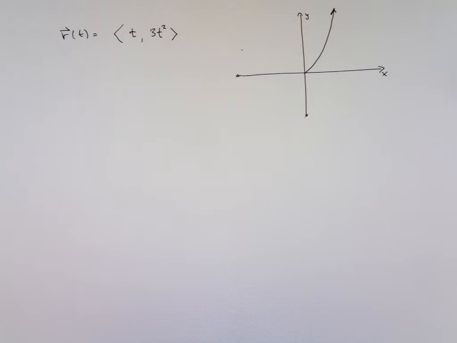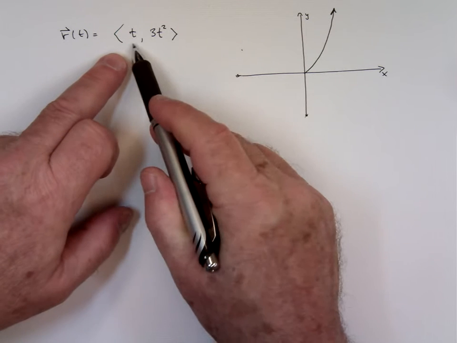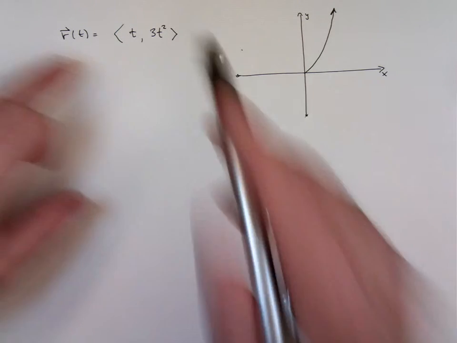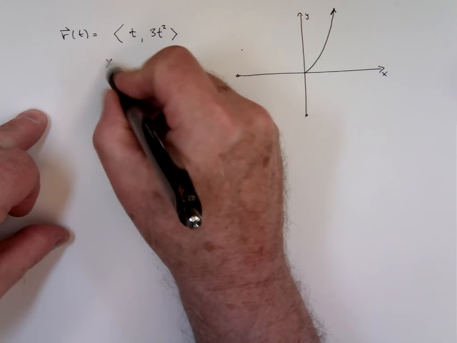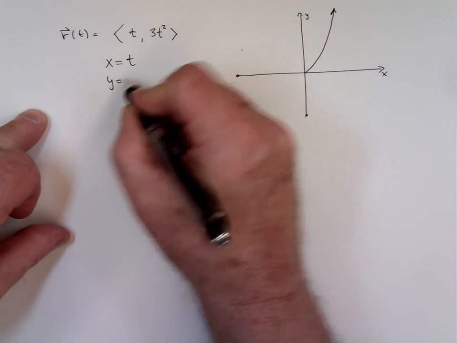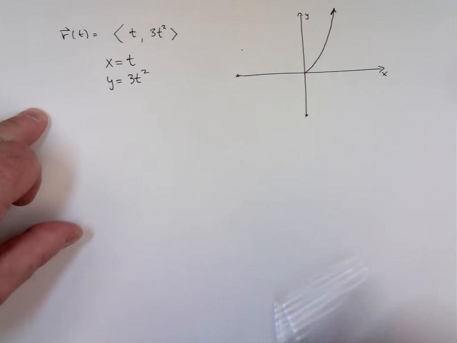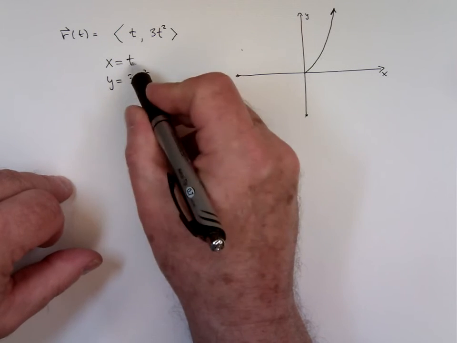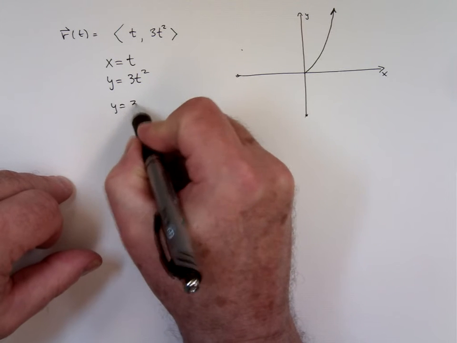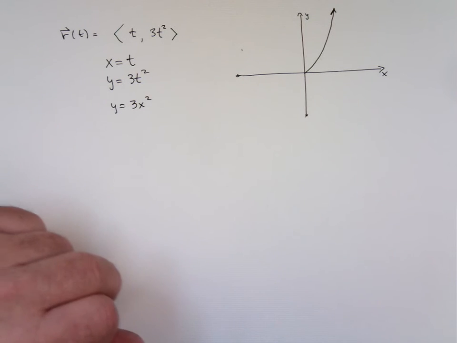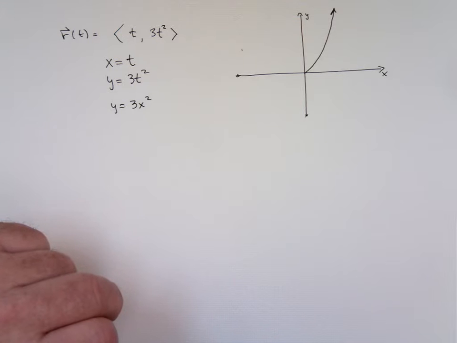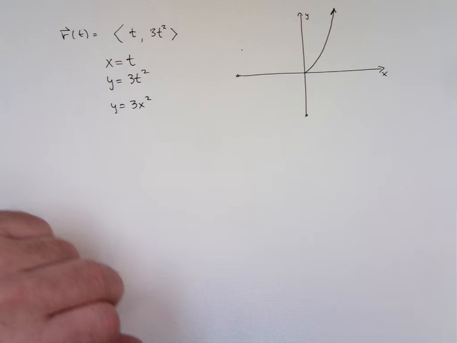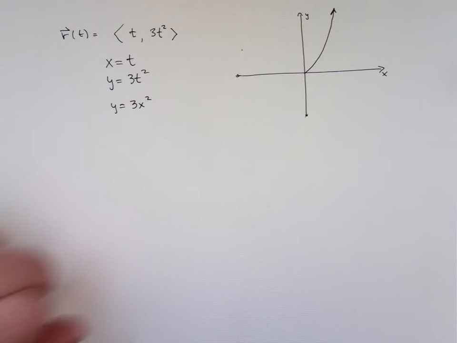This here, in a vector valued function, is the same as this parametrically defined function, which is more or less the same as y equals, now t is x, 3x squared. If the 3t squared were in the i unit vector place, it would be the other way around. Exactly right.